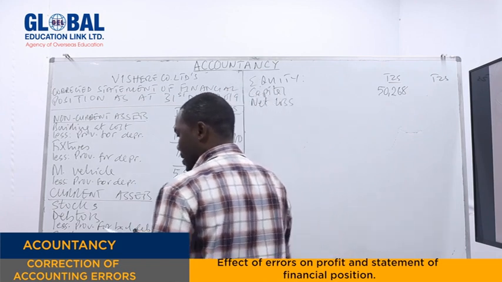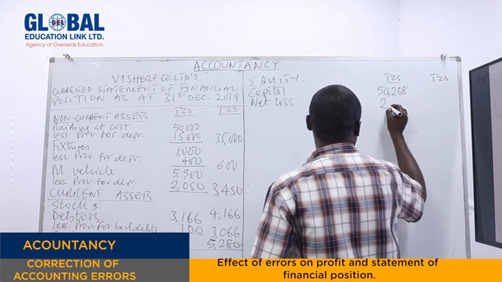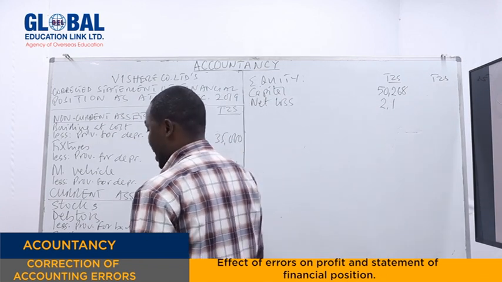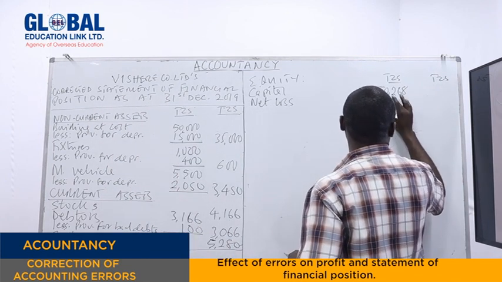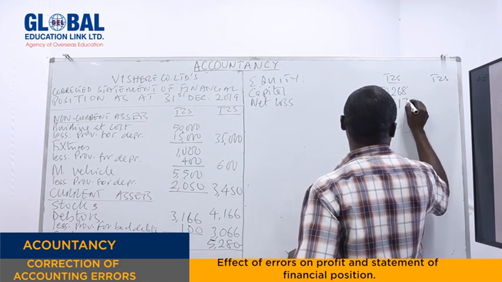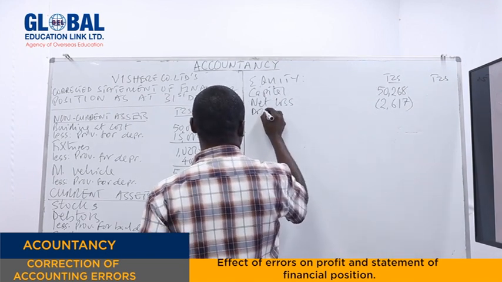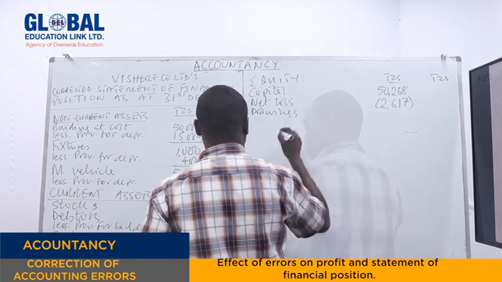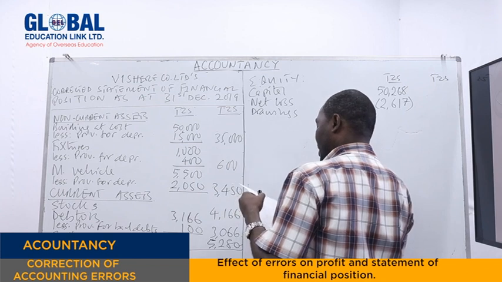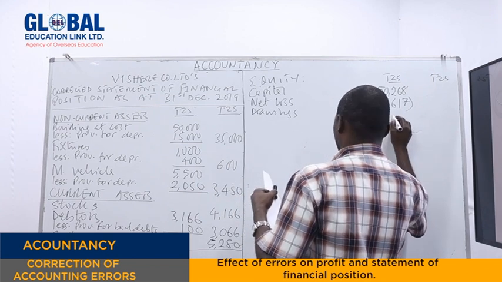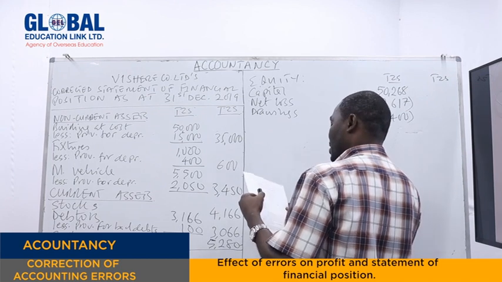Net loss, if you remember, it was 2,617. That was a loss. And we had drawings. Our drawings is how much? Yes, it is 2,400. This also should be reduced from our capital.